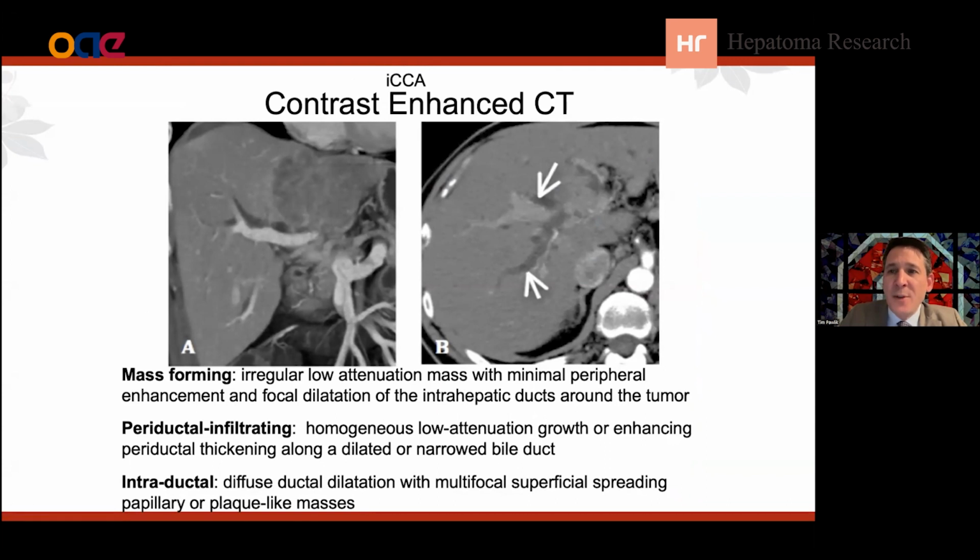These intrahepatic cholangiocarcinoma lesions tend to be more fibrous with a dense stroma, and therefore on the early phases of the images, they tend to be more hypointense, and only in later phases do they tend to be arterially enhancing. Another sine qua non of these lesions is this peritumoral ductal dilatation.